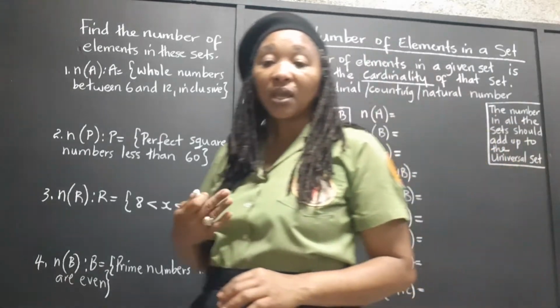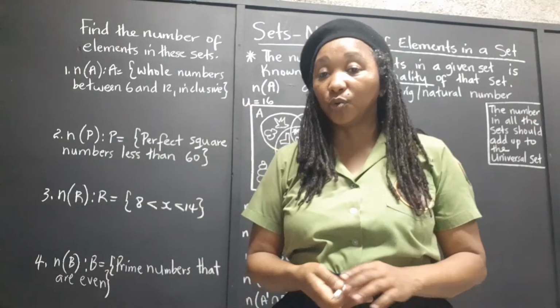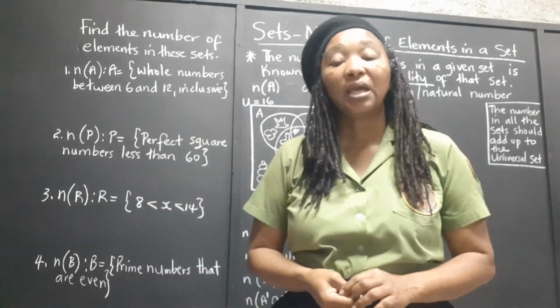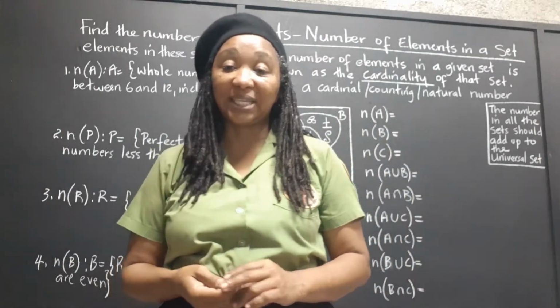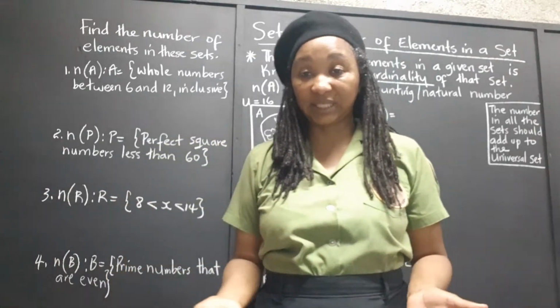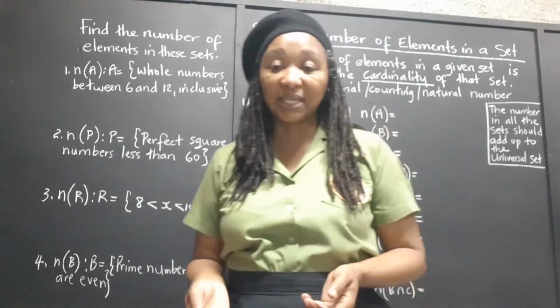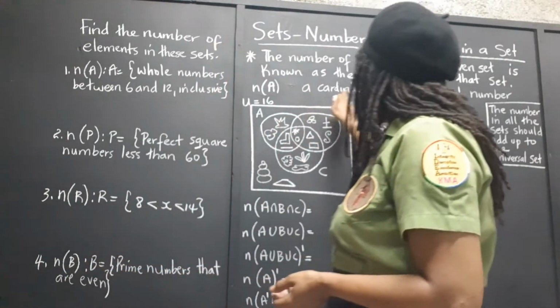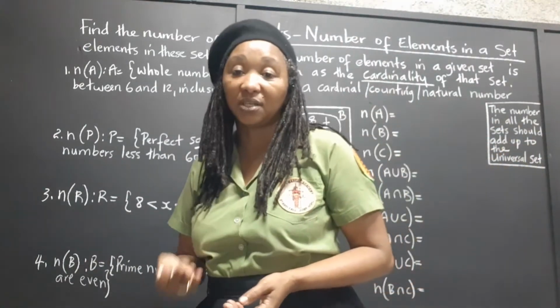And cardinality comes from the word cardinal. You will remember a cardinal number is a number that tells you how many things. 1 thing, 3 things, 100 things. That's the cardinal number, right? So that's also the counting or natural number.